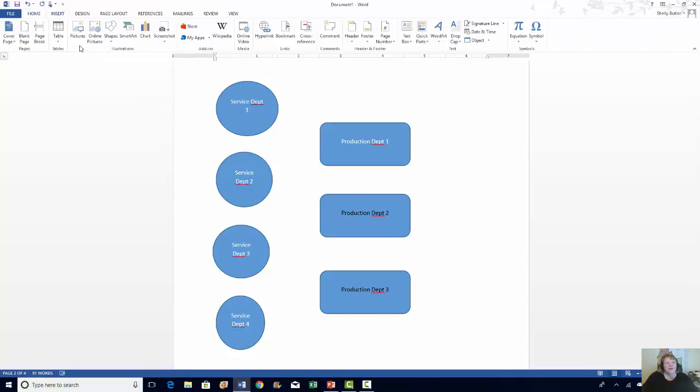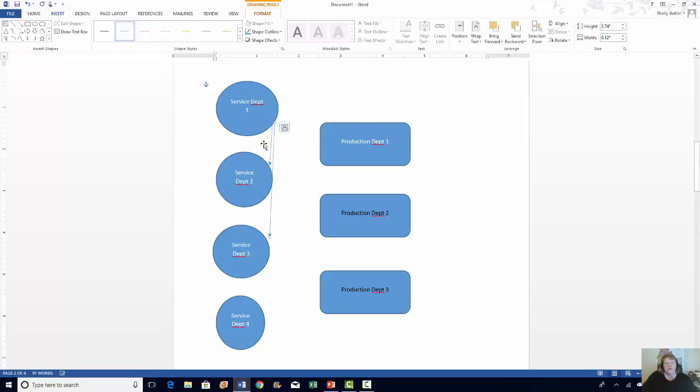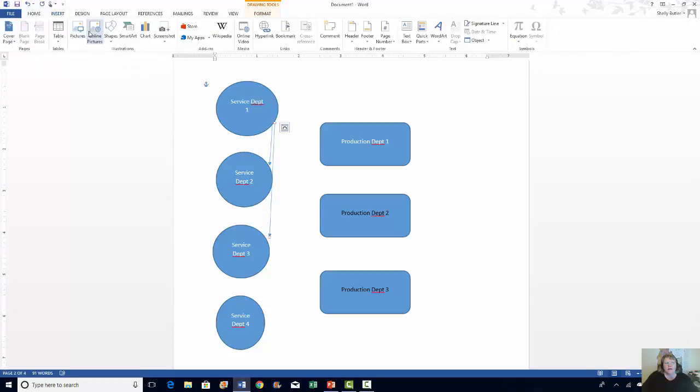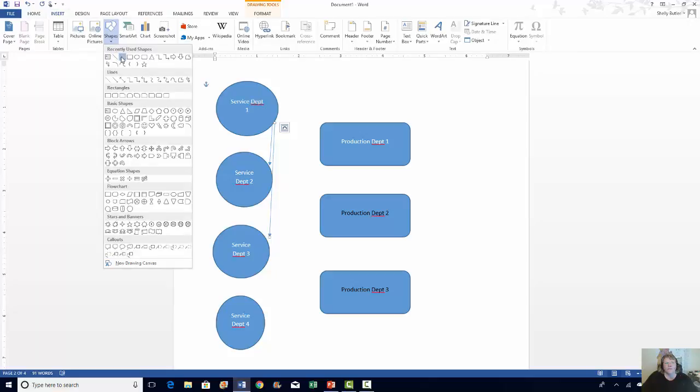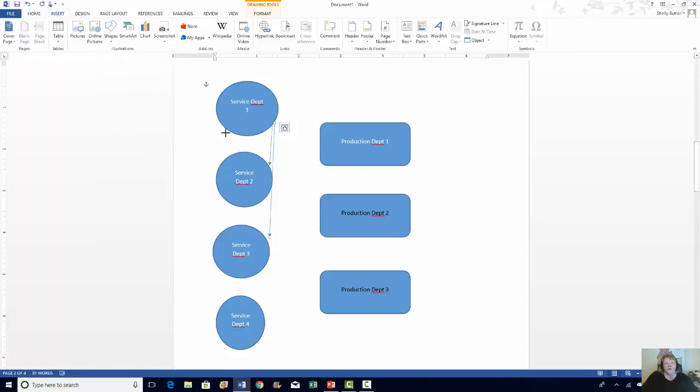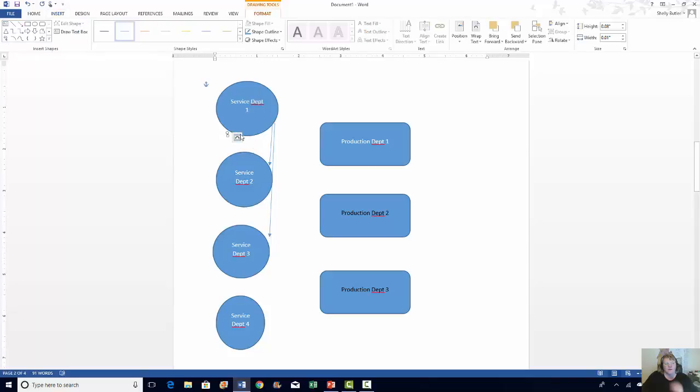So what we need to do is, this service department will work with that service department, and it will work with this service department, and it will work with, I should have a squiggly line, but I don't have one.